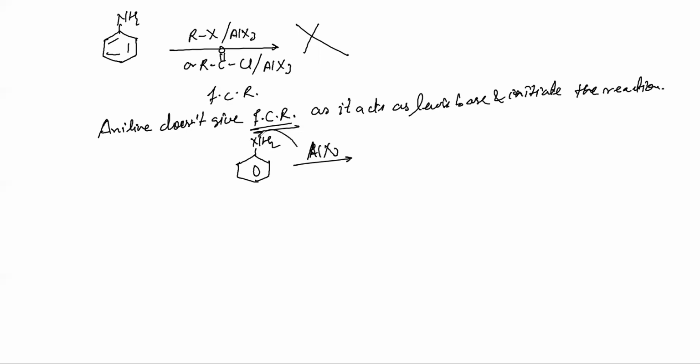Here nitrogen donates its electron pair to AlX3, although it should be done by RX. But instead of RX, your nitrogen donates the electron pair. Therefore, you get something like this, and no further reaction. Just this salt formation takes place. Since there is no further reaction, the reaction is ceased here. It does not proceed. Okay. Please note this.